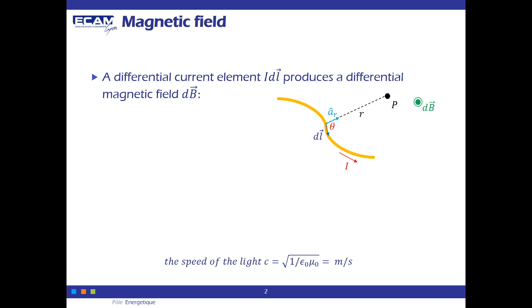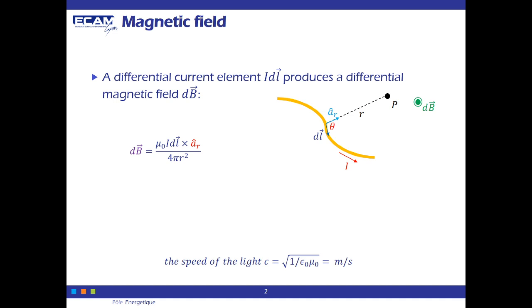There are different approaches, and each method has its own advantages in finding the fields. We started with the Biot-Savart law, which was quite similar to Coulomb's law from electrostatics.